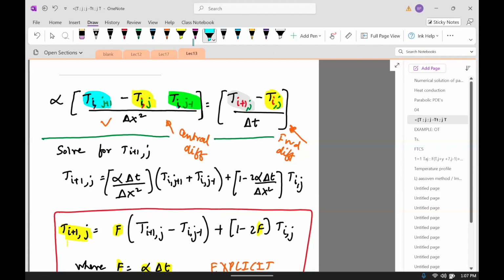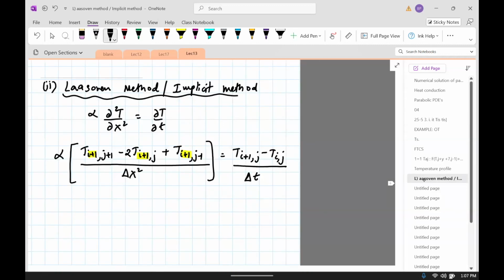This is the only change. We just changed the index for this part. Here it's Ti, and here it is Ti plus 1. That's it. Okay, and this is certainly going to make it much harder to solve. Not terribly hard, but harder. And then there's going to be no stability issues.